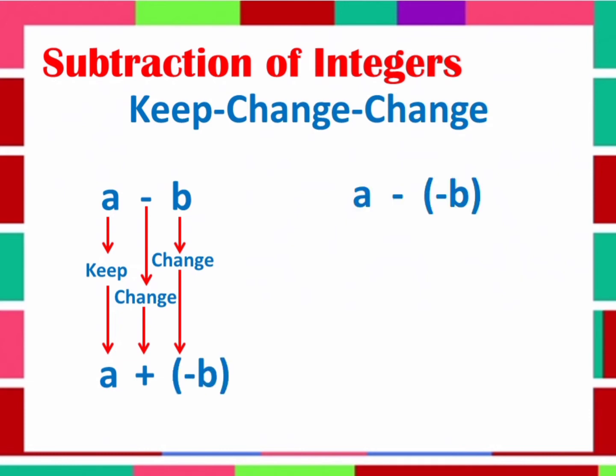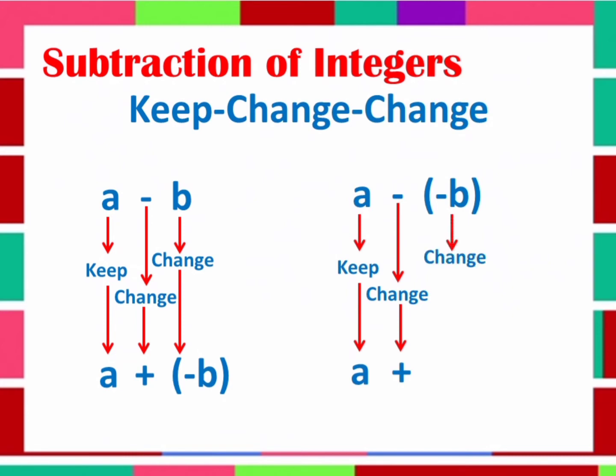Another example. A minus negative B. Again, keep the first integer, then change the operation from minus to plus, and then change the subtrahend, which is negative B, so it will become positive B. After doing the KCC, you are going to proceed to the rules of adding integers.